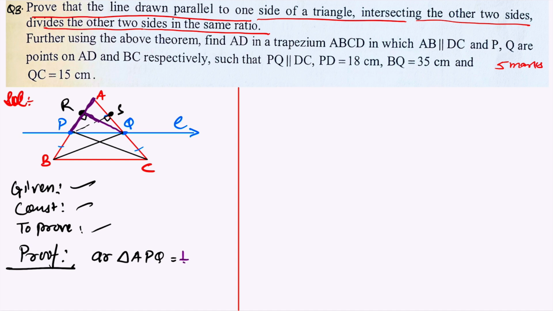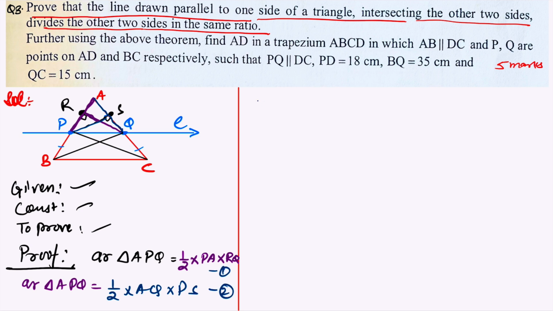So it will be equal to half of base PA into RQ. Again, what we are finding is the area of this triangle APQ. This time I am taking AQ as base, then the height will be PS. So it will be half of AQ into PS. Now let's say this is 1, this is 2.